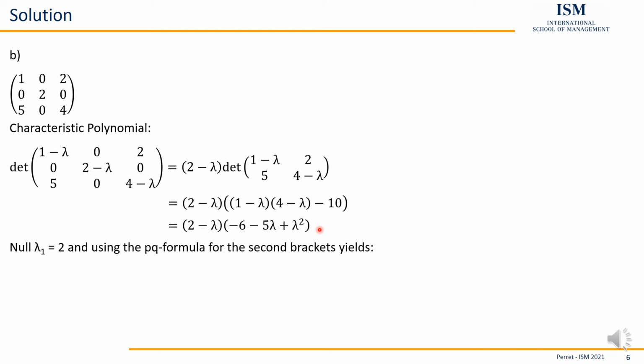And if I do this, this results in 2 additional nulls, 6 and -1. So in this regard, I get actually 3 eigenvalues, 2, 6 and -1. And we're going to work through all 3 of them and get for each of those 3 the corresponding eigenvector.